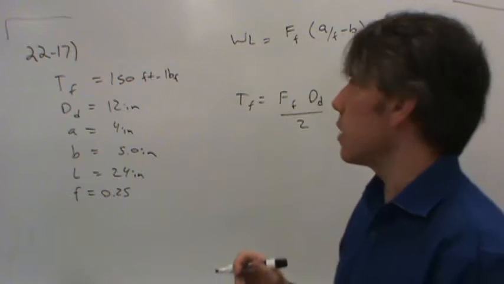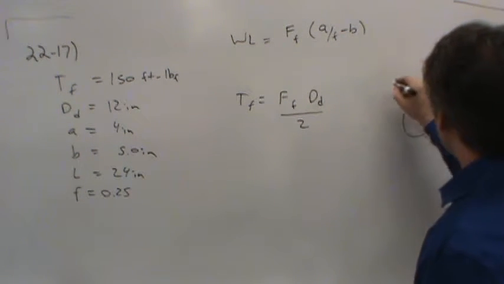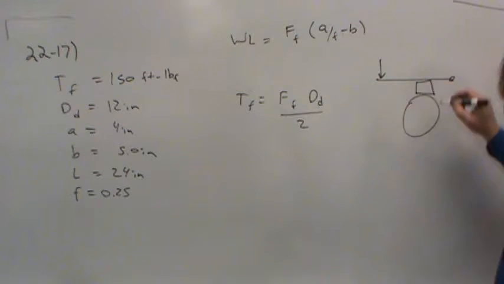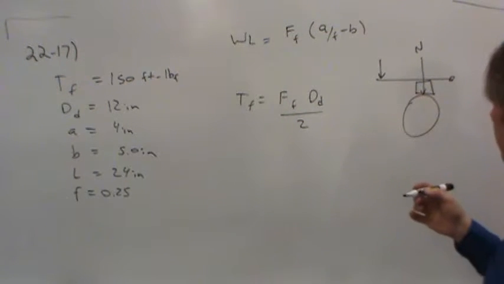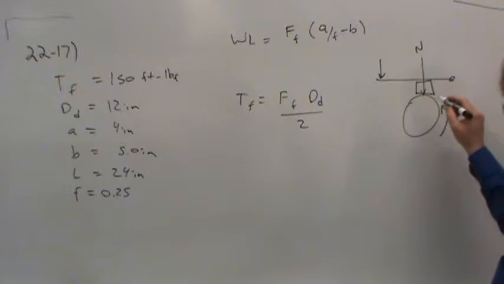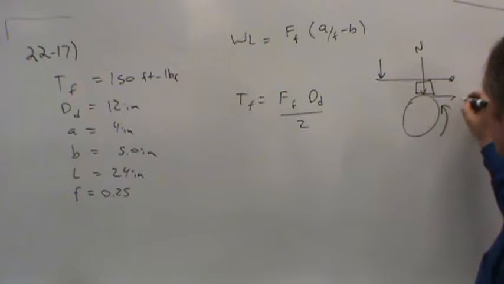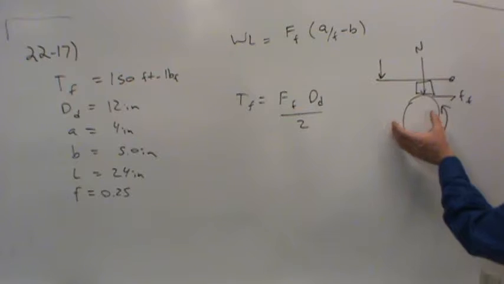The reason it's not that simple is because if you think about it, you apply force, let's put a pivot here, you apply force here, you're applying normal force to the drum, right? Let's say that the drum's rotating in this direction. Because of the friction coefficient, there's going to be a frictional force in that direction, because you're trying to impede the motion.